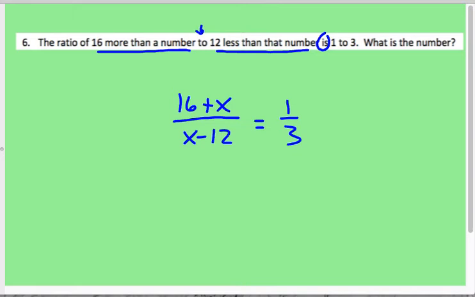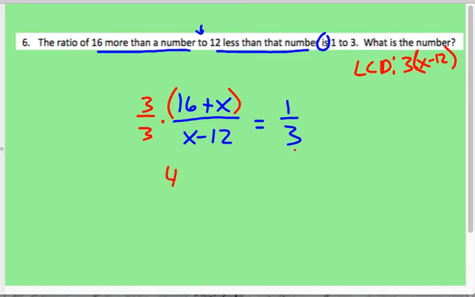I'm going to solve this by, well, my least common denominator is going to have a 3, this 3 right here, number part first, and have actually an x minus 12. So I'm going to multiply this side by 3 over 3. And I'm going to get, 3 times 16 I think is 48.